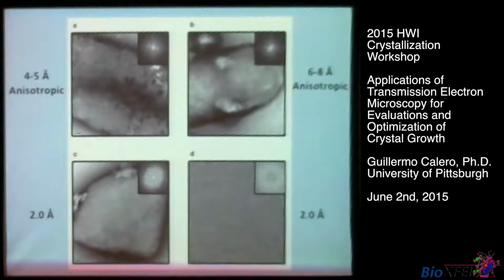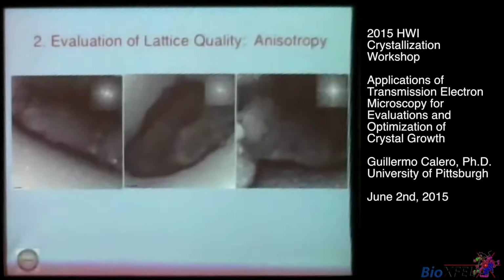Here's another example, 6 to 8 angstroms, another polymerase complex, and you can see pretty bad anisotropic diffraction. But here are two others that look quite good. 2 angstroms, nice FFT. 2 angstroms, also nice FFT. So yes, there appears to be a trend between how the lattice and the FFT look and how the diffraction would react.